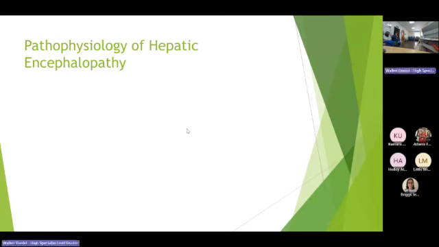Hepatic encephalopathy has a slightly different pathogenesis, in that because the liver is damaged, various toxins are not degraded. The most important one, as we all know, is ammonia. But that's not the only thing that's going on. As a result of the low SVR and the inflammation, there's also disruption of the blood-brain barrier.